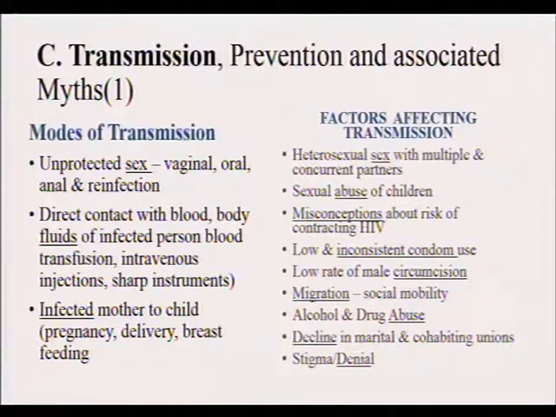Now, there are different modes of infection. The first one is when you have unprotected sex. You don't use a condom or you don't protect yourself. Secondly is when you come in contact with fluids like blood. It can also be that you accidentally prick yourself with a needle. Some people say, what if I kiss someone, if that person has HIV in saliva?